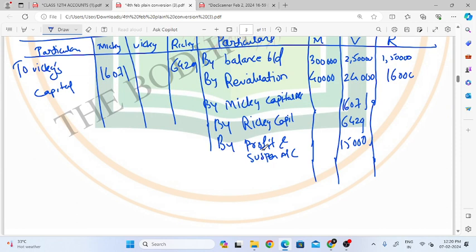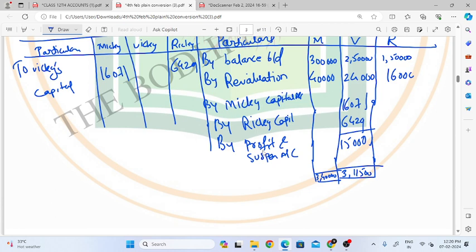So now you have to balance both the sides, and we already took the revaluation amount. Then Mickey's is 3 lakh plus 40,000, so 3 lakh 40,000. Then Vicky is 2 lakh 50 plus 24,000 plus 16,071 plus 6,429 plus 15,000, which is 3 lakh 11,500.